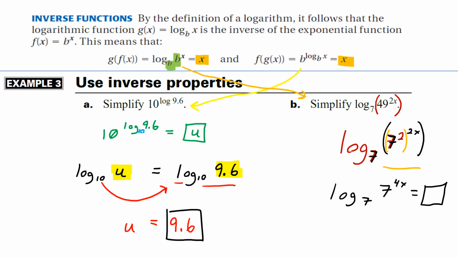So if I rewrite it as 7 to what power equals 7 to the 4x power, the answer has to be 4x. So therefore, final answer is 4x.